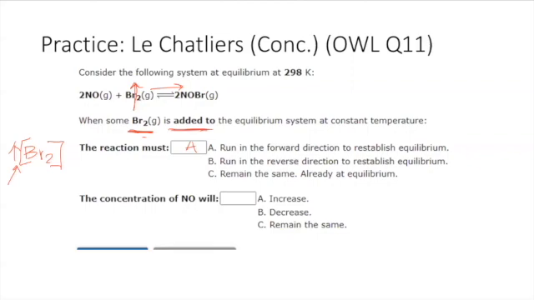So what does bromide's partner here, NO, do in response? Nitrogen oxide is like, whoa, what are you doing? Why did you just increase?